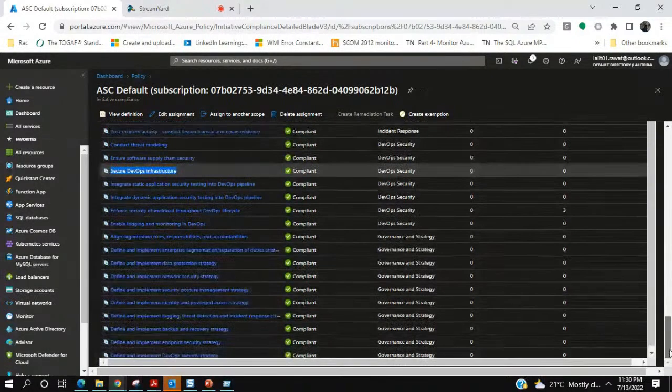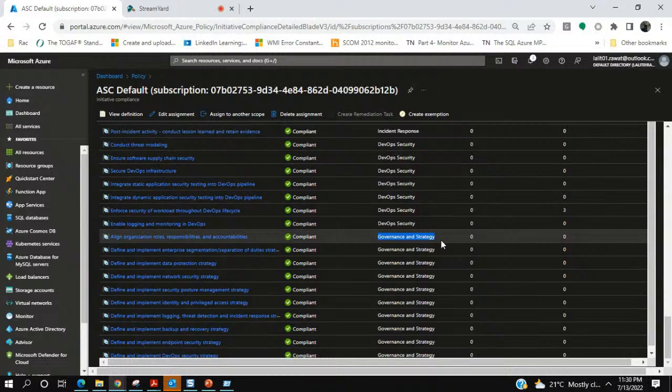And then it also covers governance and strategy policies. What does your organization need in terms of governance: how you're going to align your organization's roles, responsibilities, and accountabilities, how you're going to define your access management, your data protection strategy, the network security strategy, the security posture management, privileged identity access, backup and recovery, DR strategy, endpoint strategies, and DevOps security, which is called DevSecOps, right?